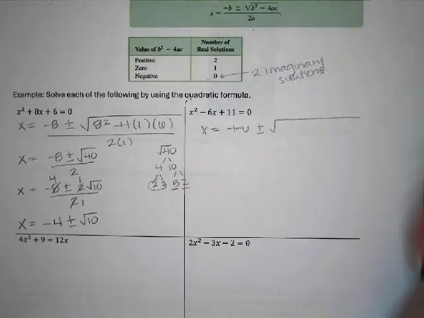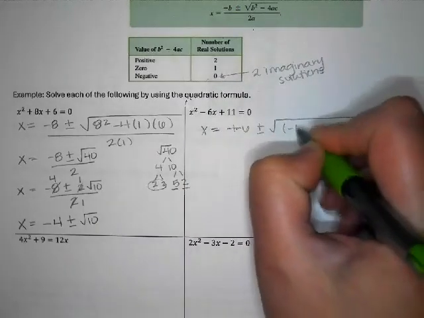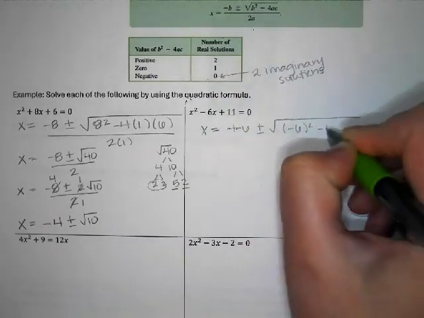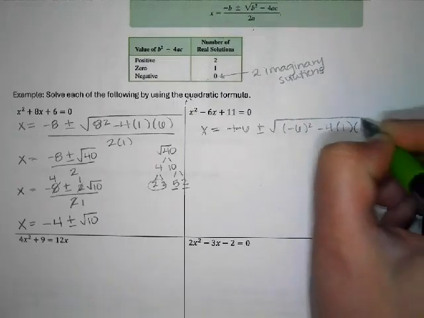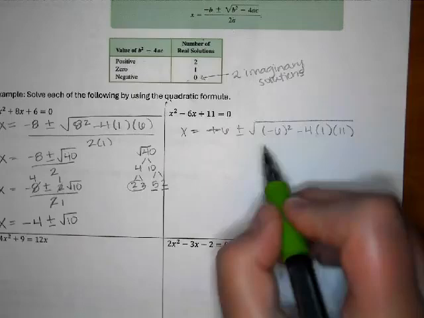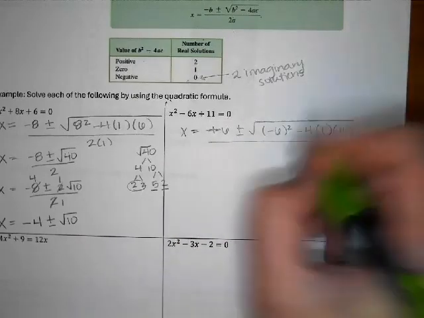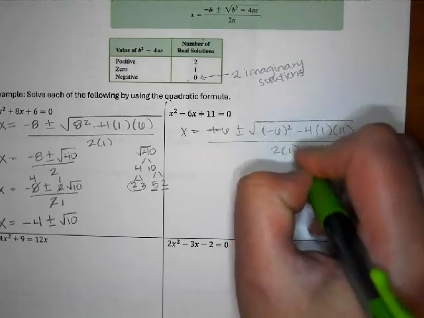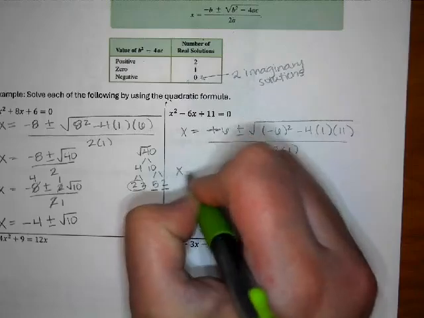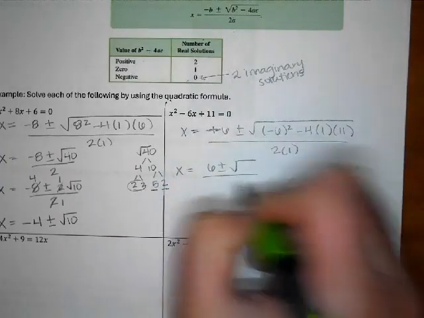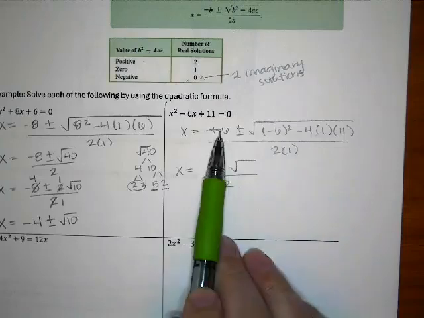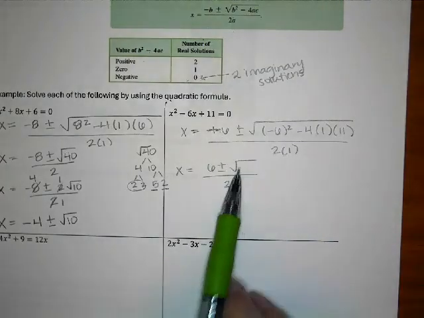And then b squared minus 4 times a times c, all divided by 2 times a. And then, like I said, I put this number and I put this number, and then I leave this blank because I'm going to use my calculator.